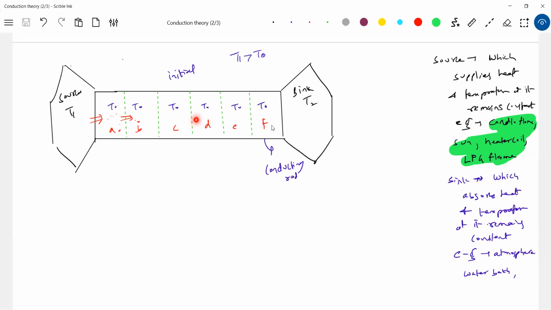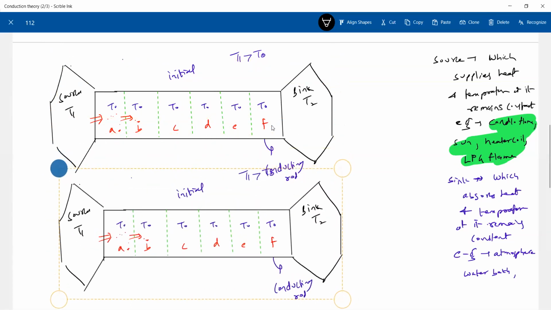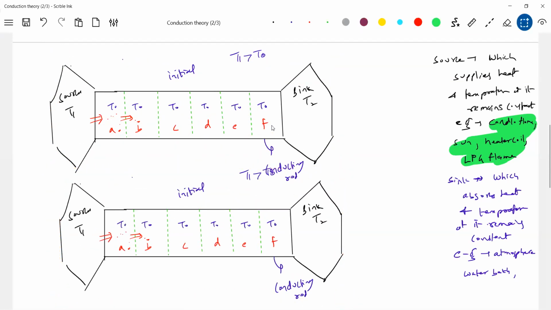So finally, at steady state, what will happen here?